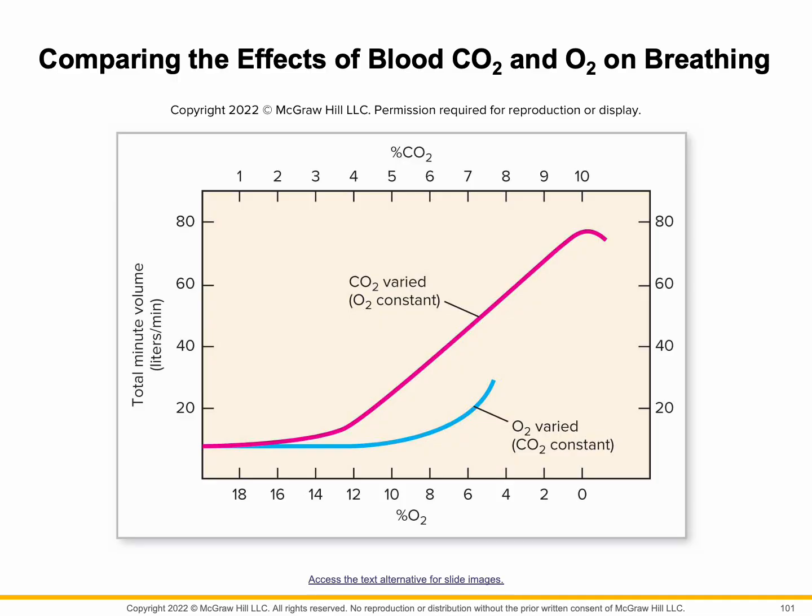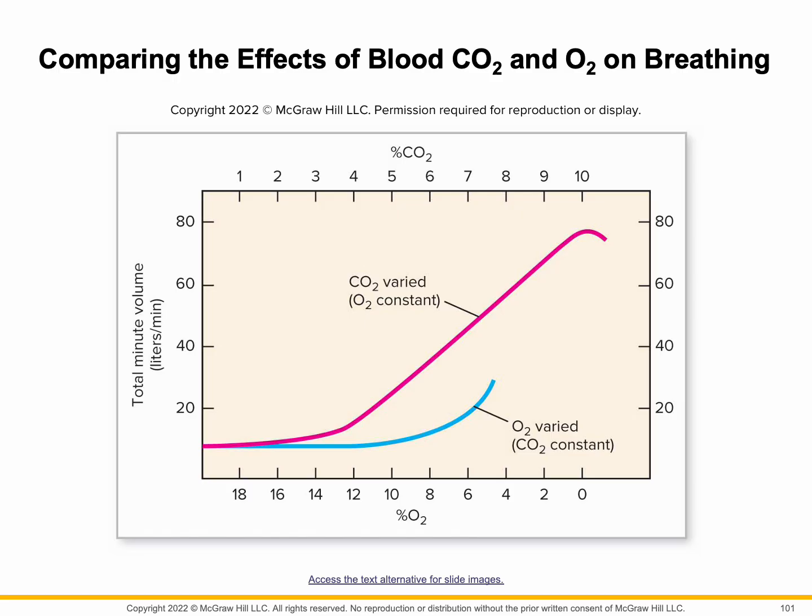Here we're looking at comparing the effects of blood carbon dioxide and oxygen on breathing. Breathing increases linearly with increasing carbon dioxide concentration and decreasing oxygen concentration, as shown before the stimulation of breathing. The curves are labeled.